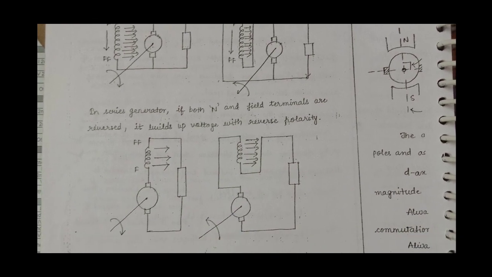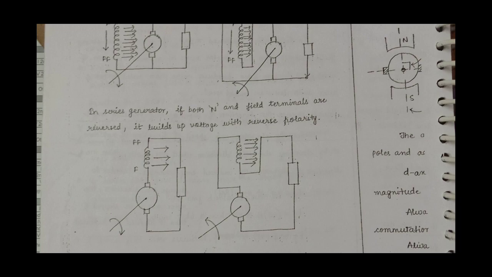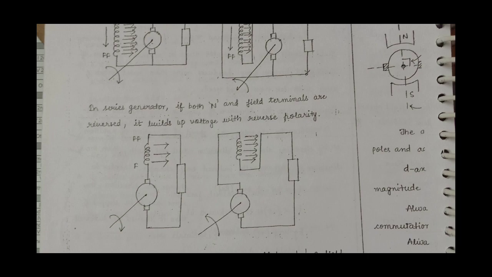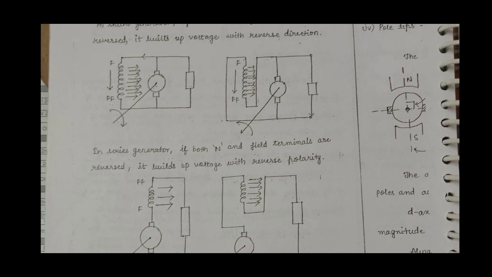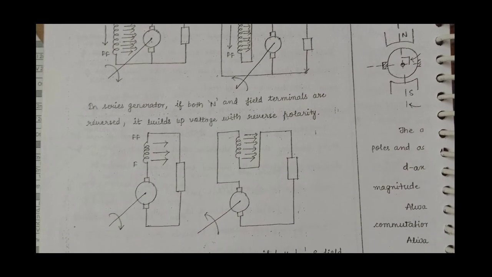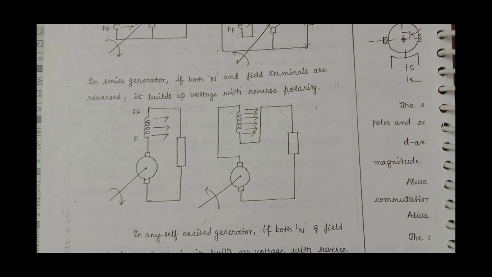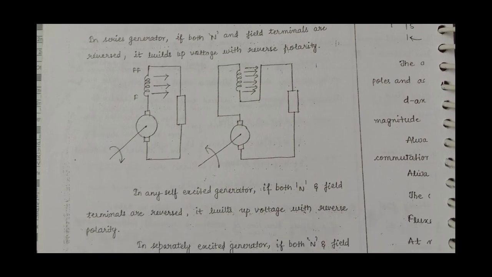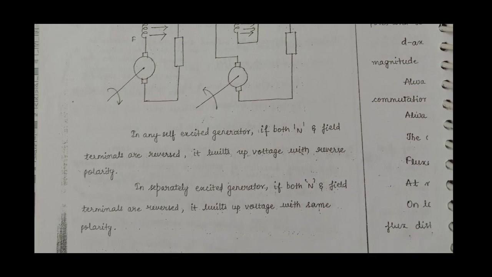In series generator, if both N and field winding terminals are reversed, it builds up voltage with the reverse polarity.